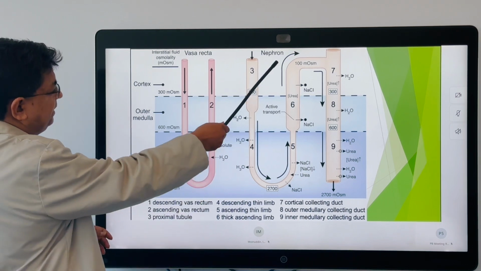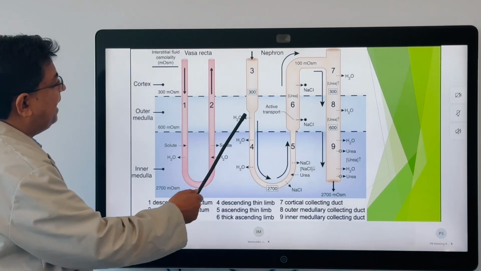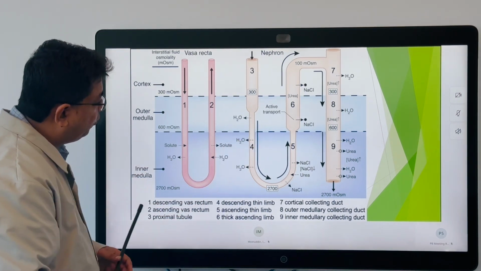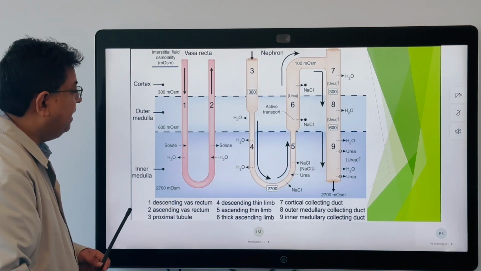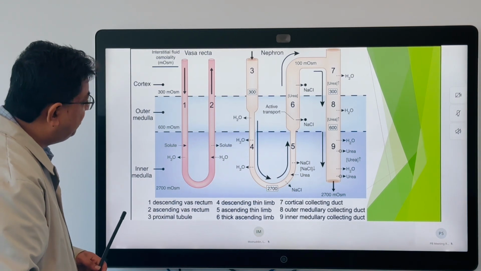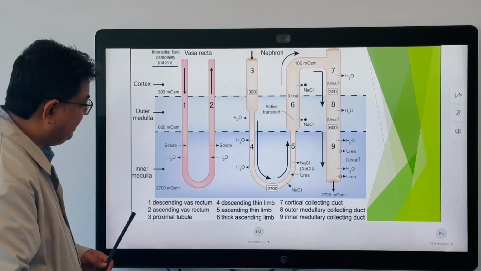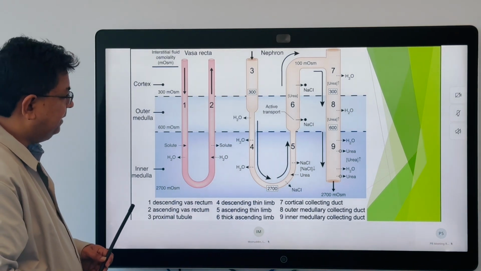The thick ascending limb of the loop of Henle is impermeable to water, and there's active transport of sodium chloride into the interstitium, maintaining an interstitial medullary gradient. And this provides a gradient for absorption of water by the descending limb of the loop of Henle.